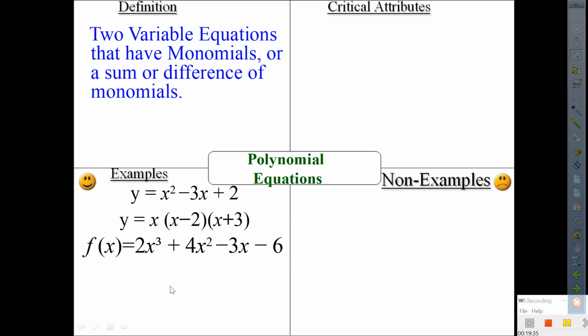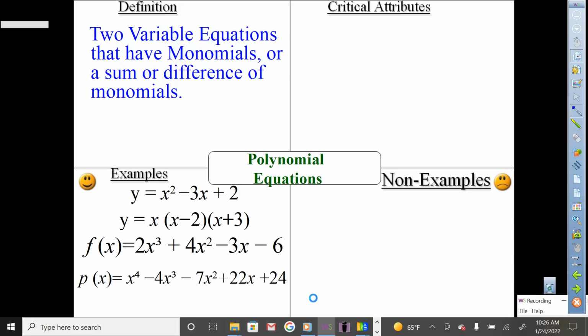Okay? But today, in your textbook for your home plate, since they're talking specifically about polynomial equations, they changed the f to the letter what? Very good. P for polynomials. P of x equals x to the fourth, negative 4x cubed, negative 7x squared plus 22x plus 24.